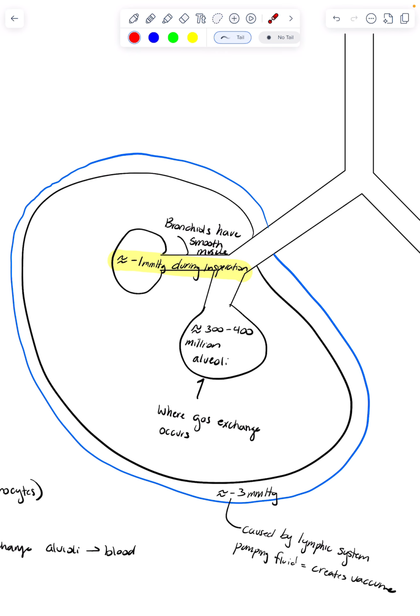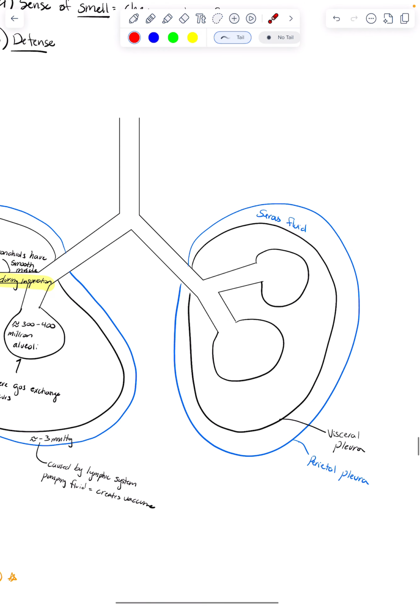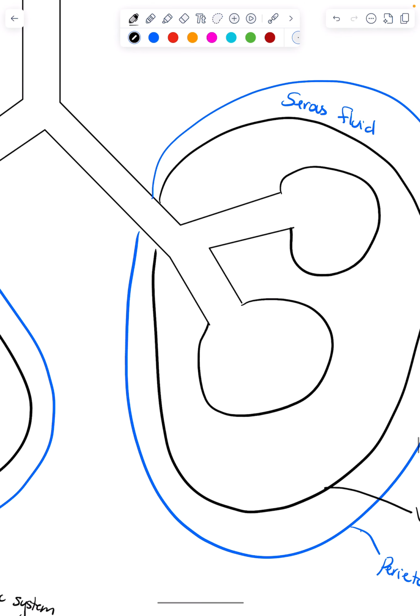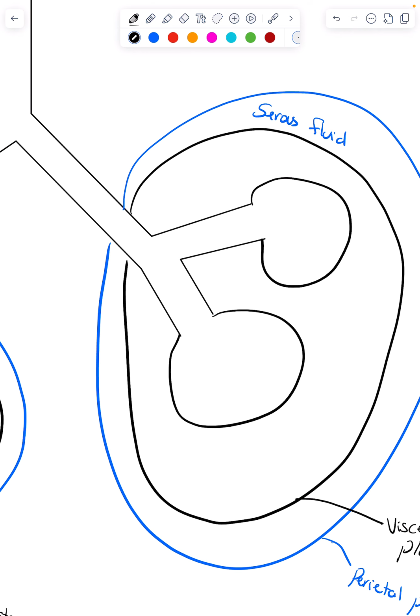So surfactant: these are little alveoli here, and there are water molecules all along this, and we've all taken enough chemistry to know what I'm drawing here.